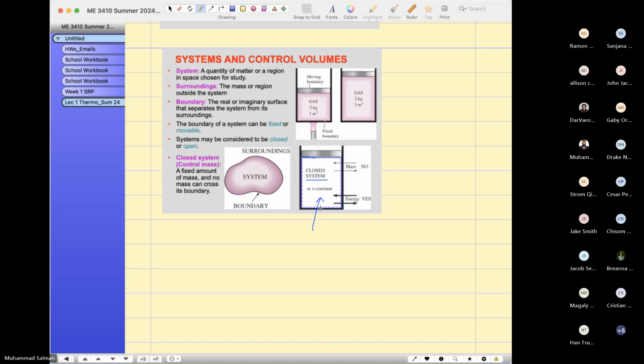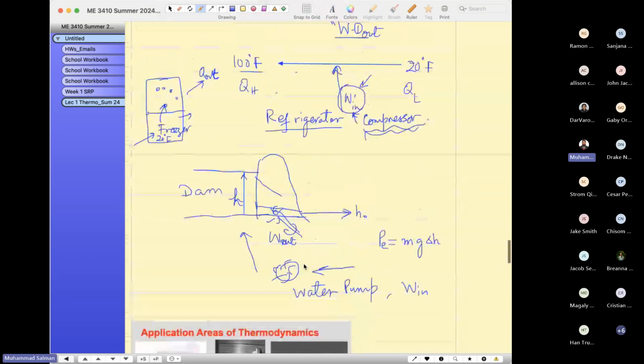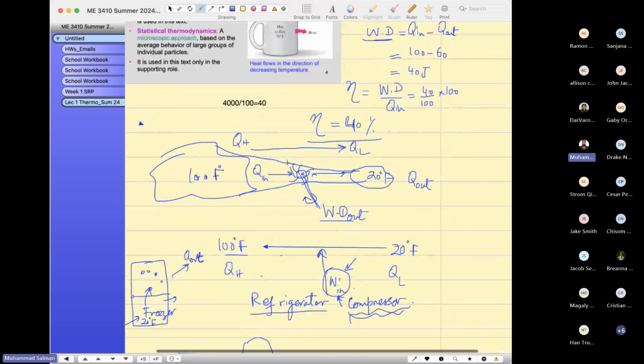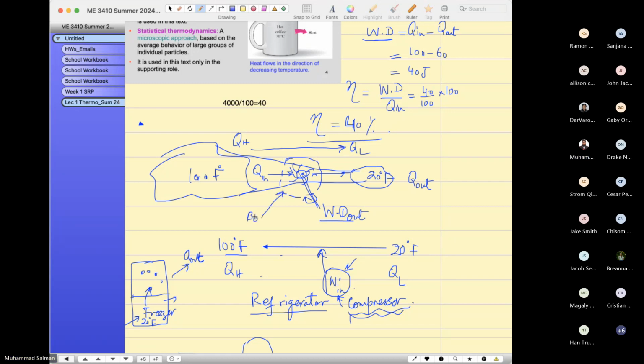In a closed system, the mass cannot go inside or come outside. No mass can transfer in a closed system. But in an open system, mass can also move in and out. In this example, if I consider this system, this is the boundary of an open system.